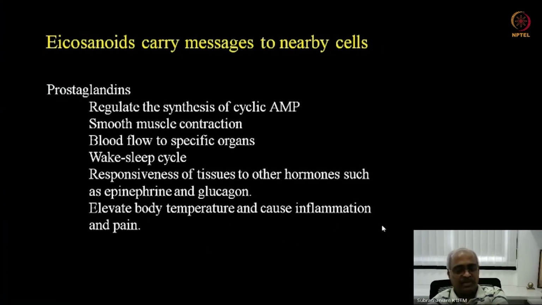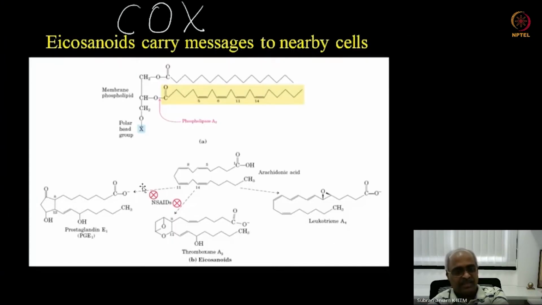So if you have an inflammation and pain due to some infection, and you want to control that, you block prostaglandin. So temporarily you are relieved from the pain and inflammation. And that's exactly what happens when you block the COX enzyme here. You see this red cross circle here.